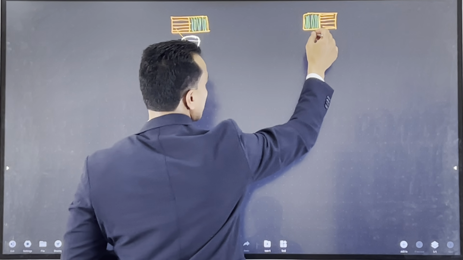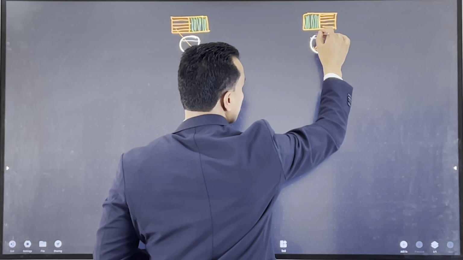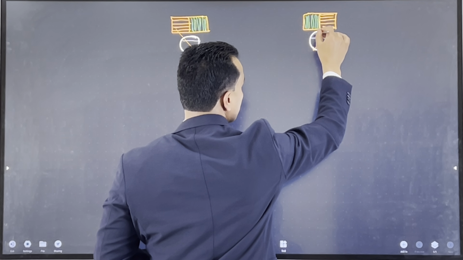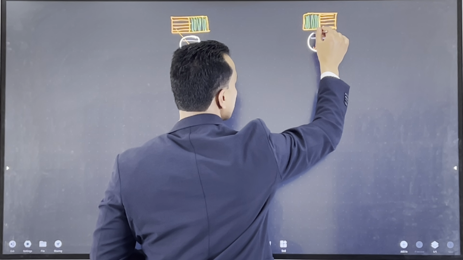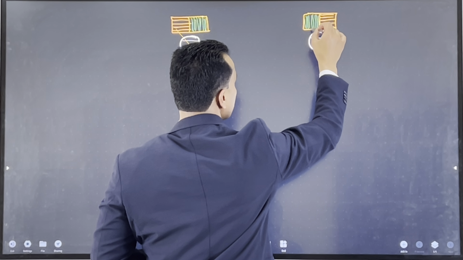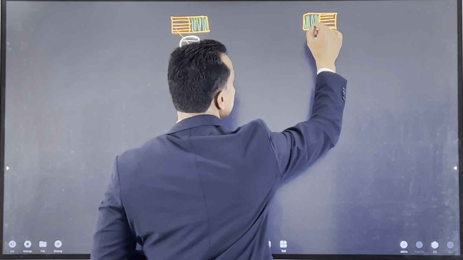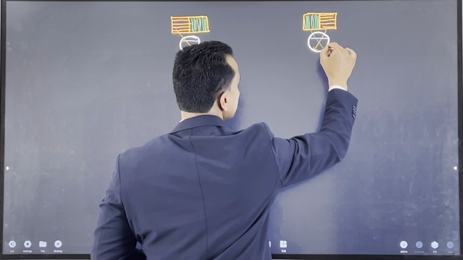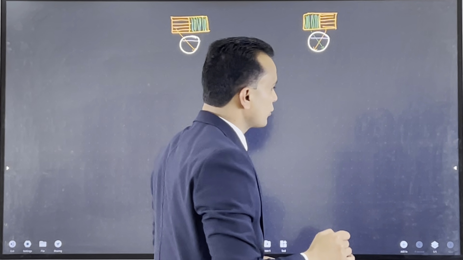Now from the nasal visual field area, light enters and crosses to the opposite side, and now it becomes the temporal part of the retina.